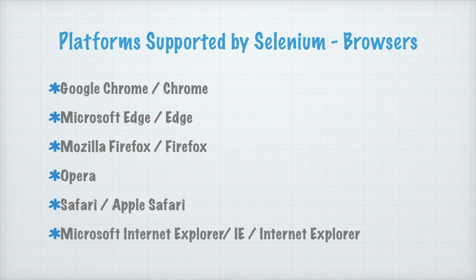Then it also supports the Opera browser, and also Apple Safari browser, which is sometimes called the Safari browser, and finally the old browser of Microsoft, which is Internet Explorer or the IE browser. It is also supported by Selenium.